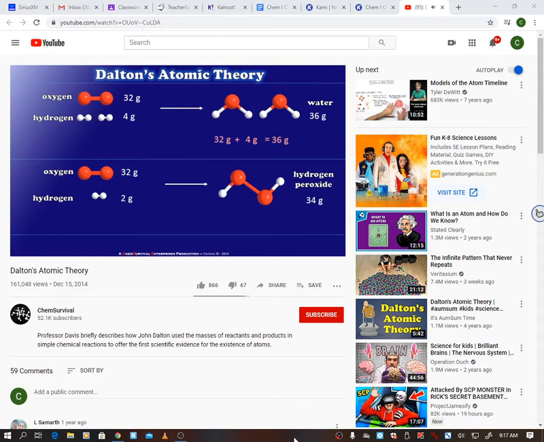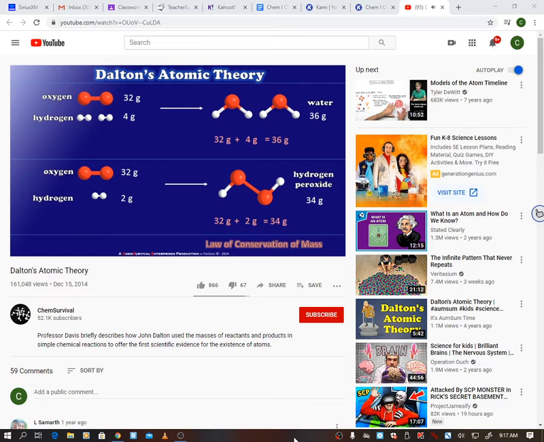Let's take a look at the bottom. 32 grams of oxygen can react with 2 grams of hydrogen, in this case to form 34 grams of hydrogen peroxide. Again, my masses should balance. We call this the law of conservation of mass, because in any chemical process it will always hold true that the total mass of all starting materials is equal to the total mass of all products.